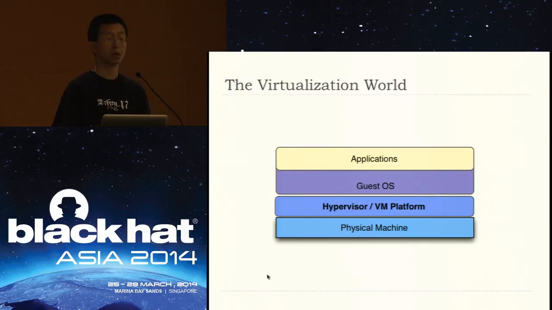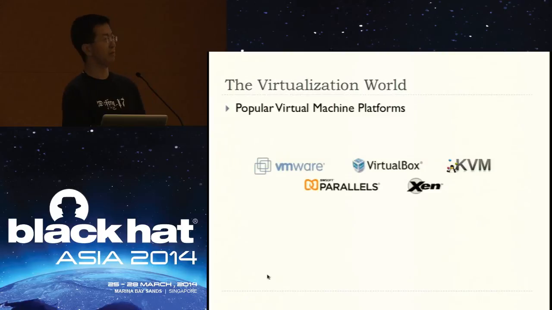Now to make it more concrete, as a user, you probably use one of these. I just have a list here of virtual machine platform providers, including VMware, VirtualBox. You've got to have used some of those. One thing I want to clarify is that some of these vendors actually produce multiple types of hypervisors.